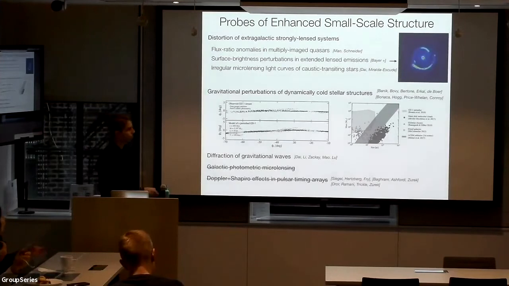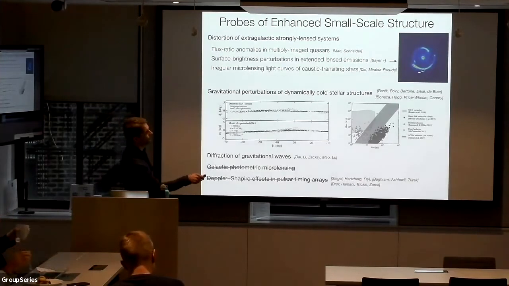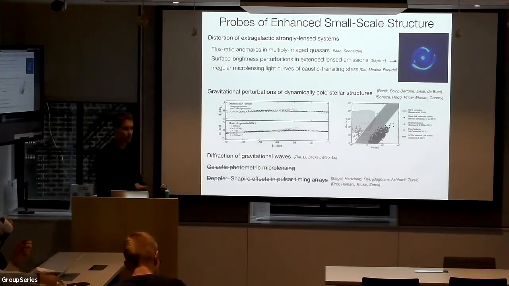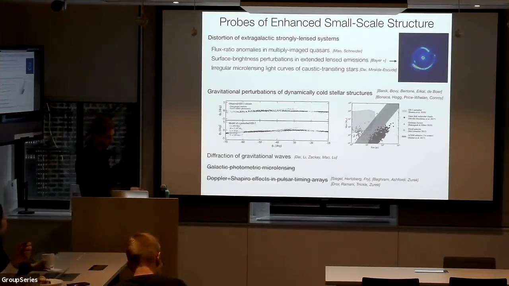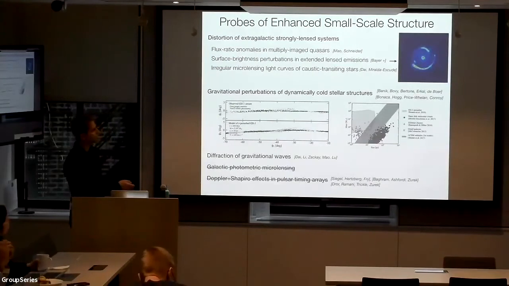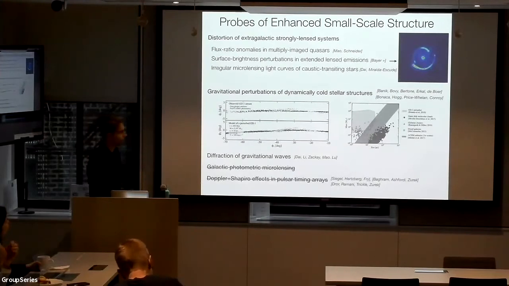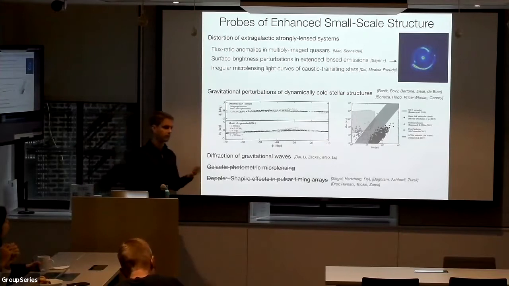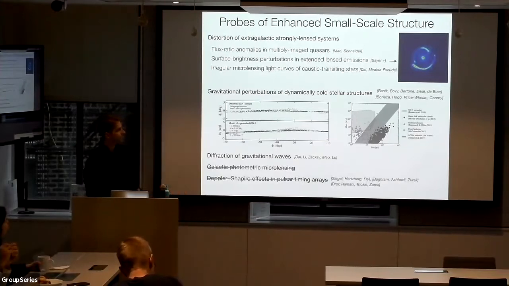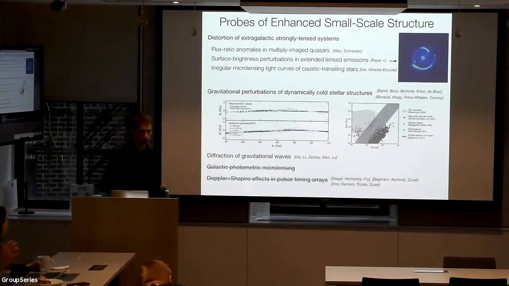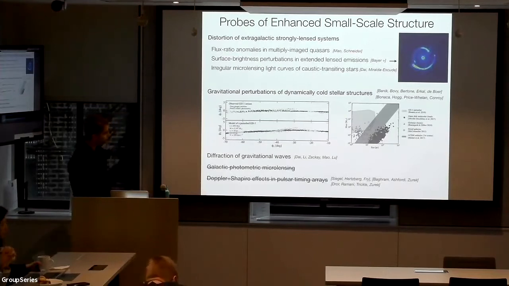You can also look for extended strong lens emissions and perturbations thereof, which could reveal the presence of subhalos, which is a promising technique now that ALMA's come online. And you can also look for, and this is on much smaller scales, irregularities in photometric microlensing light curves of stars that traverse a caustic.